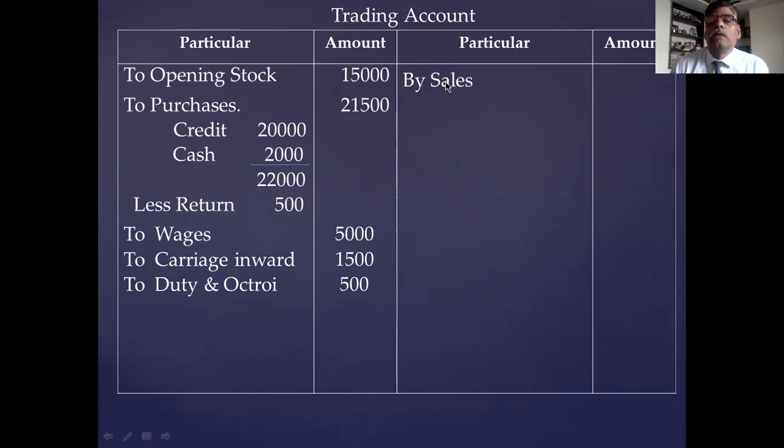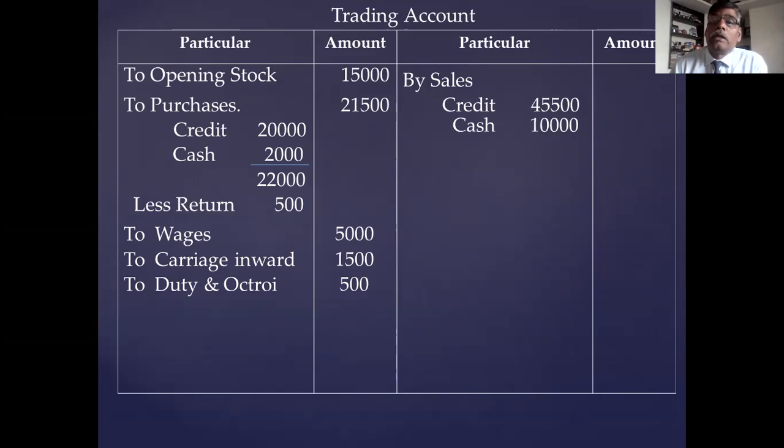In the credit side, first I'll write sales. In the sales also, you have to take cash sale, credit sale, then less return. Cash sale from the cash book, credit sale from the debtors account, then return from the debtors account. So first credit sale is 45,500 from the debtors account. Cash sale in the cash book debit side is 10,000.